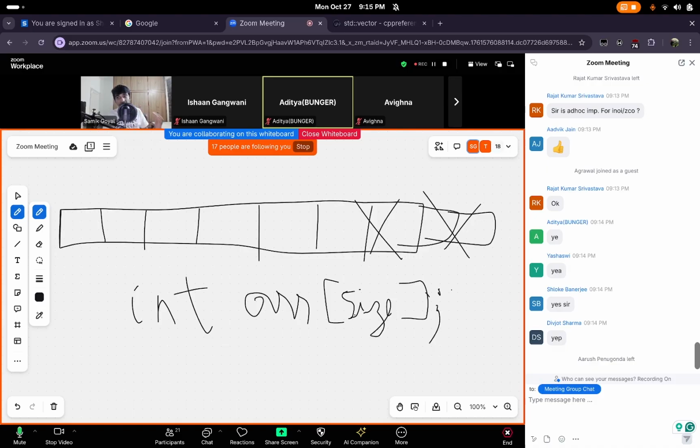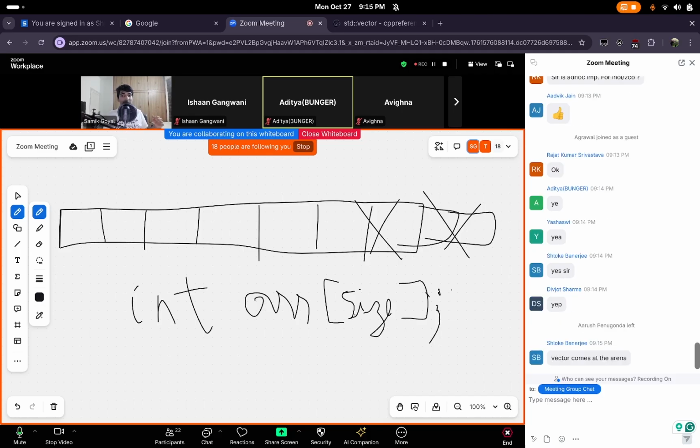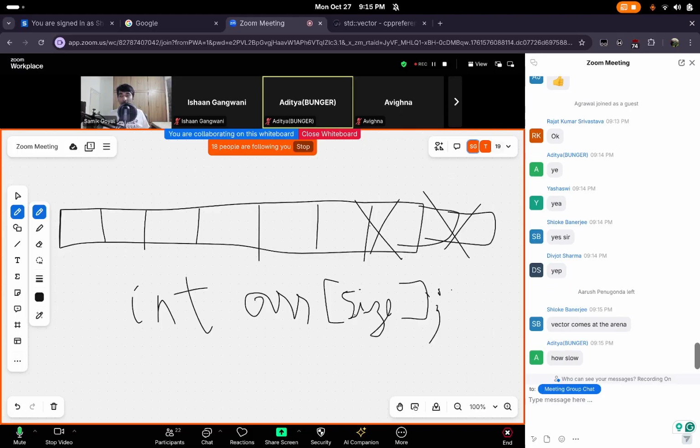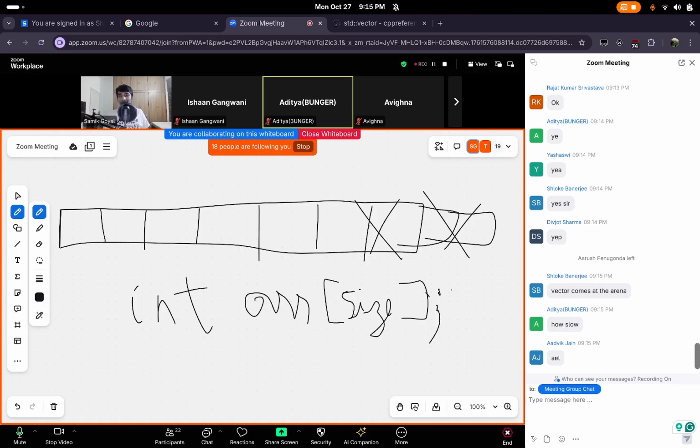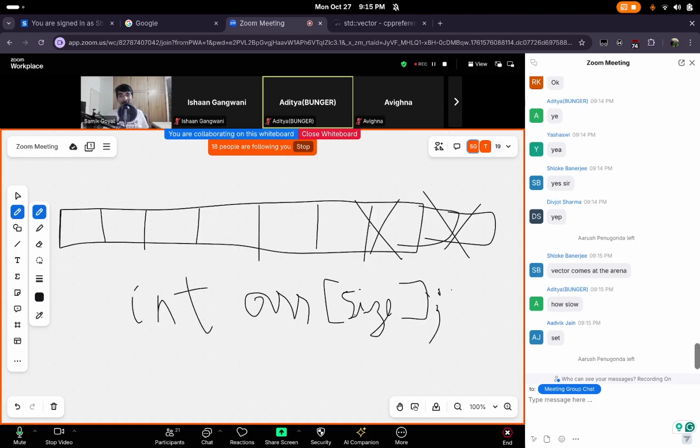You technically can, but it's going to be very, very slow. It's only efficient at deleting elements at the end. So you do want to keep that in mind. If you need deletions in the middle, there are other data structures for it. How slow? It is as slow as allocating a whole new array, basically, because it's O of n.